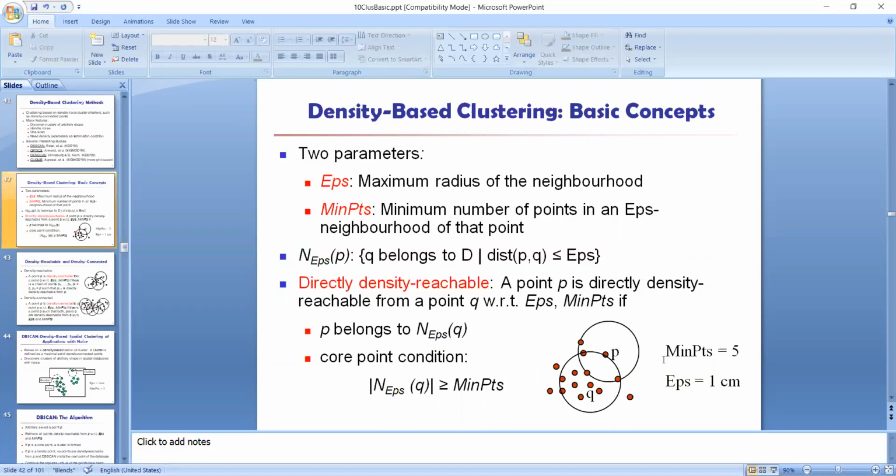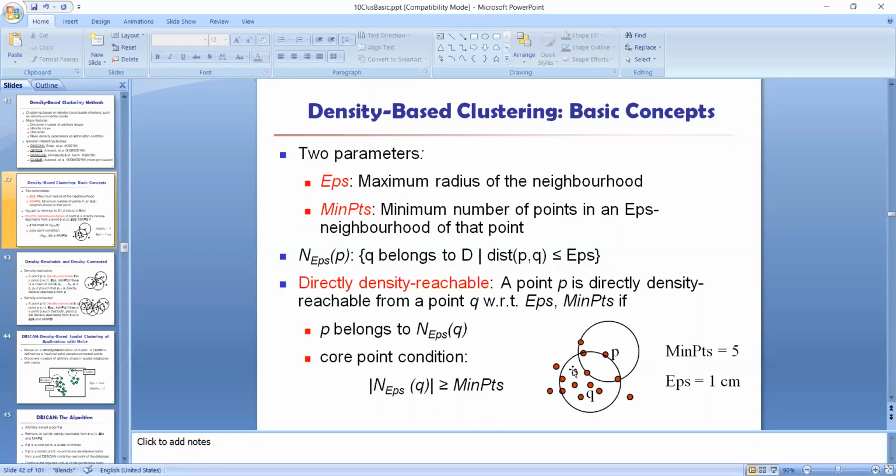Now what is minimum points? Minimum points is the minimum number of points that should be there in that particular neighborhood. If I'm taking the point P, and epsilon as 1 centimeter, I can draw a circle like this. And what are the points within that neighborhood? 1, 2, 3, 4.